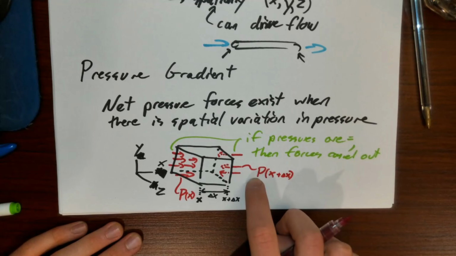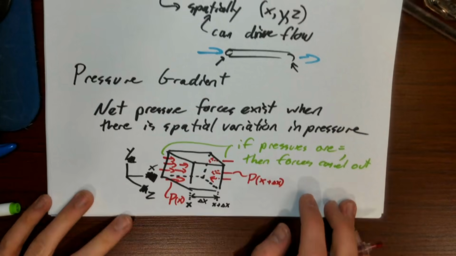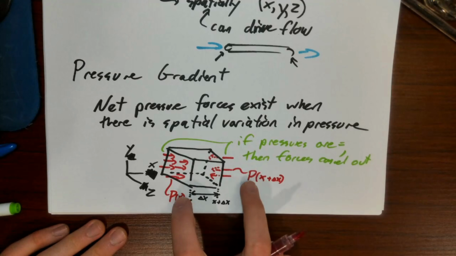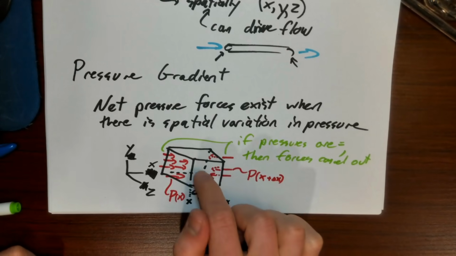So pressure is potentially a function of all of these things. Right now, we're just considering it to be a function of X, right? So if we have pressure at X and pressure at X plus delta X, we might get net forces due to that. So let's say I have this cube.